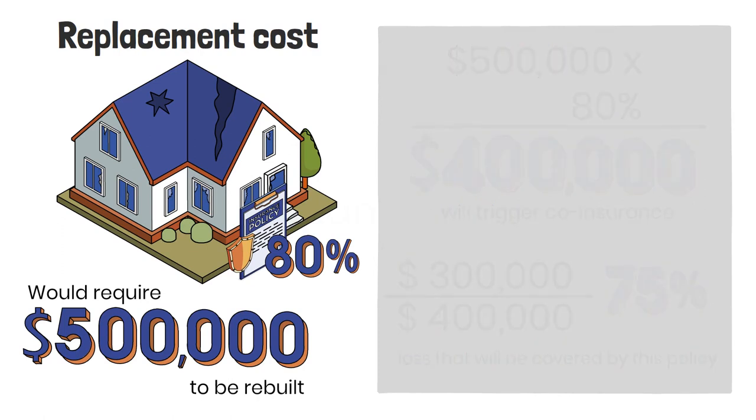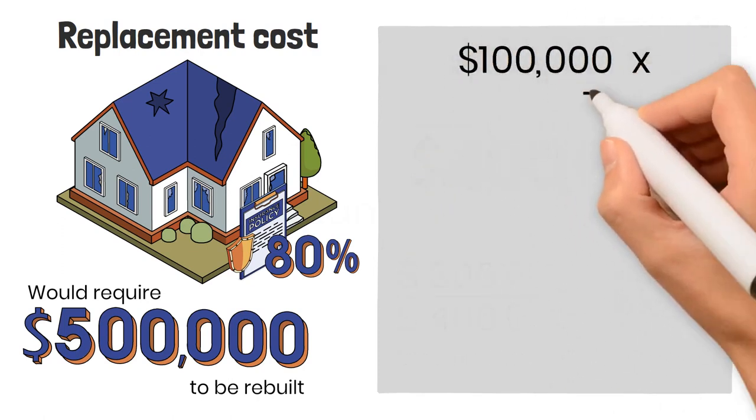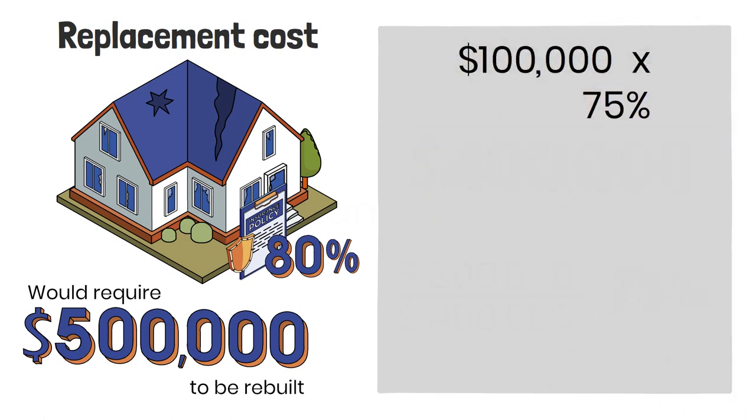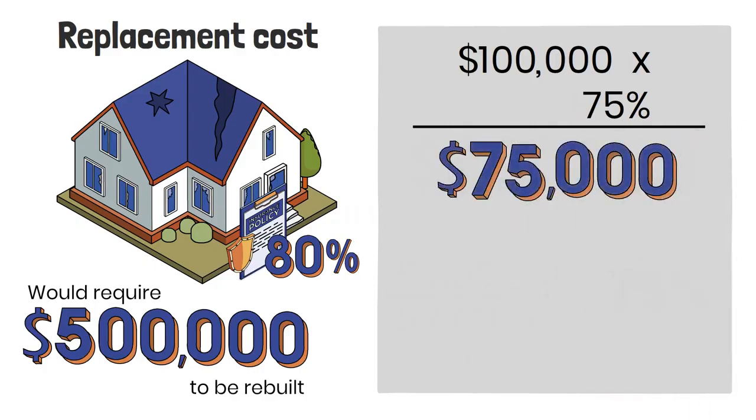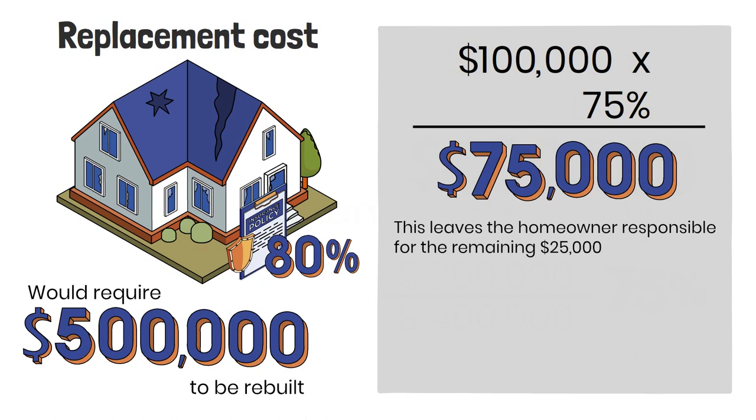If our homeowner suffers a kitchen fire totaling $100,000 in damages, the policy will pay 75% of this loss. 75% of $100,000 gives us a total of $75,000. This leaves the homeowner responsible for the remaining $25,000 of loss.